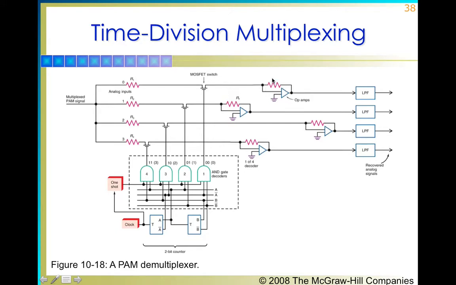And then we have over here an operational amplifier which is providing further amplification, and then we have the low pass filter which is further deleting the distortions and recovering our original information signal from the composite signal.